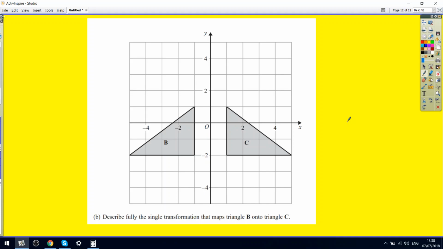It's kind of like a mirror image. Yeah, it mirrored. So we call it a reflection. So this is a reflection. And what is it a reflection in? Like, what is the mirror line? Y axis. Correct. Reflection in the y-axis. And so you need both of those to get both marks.